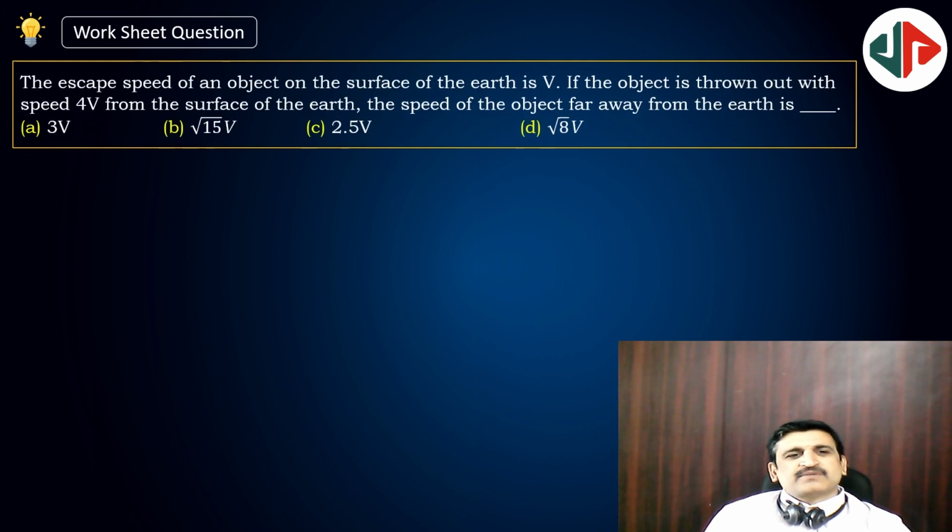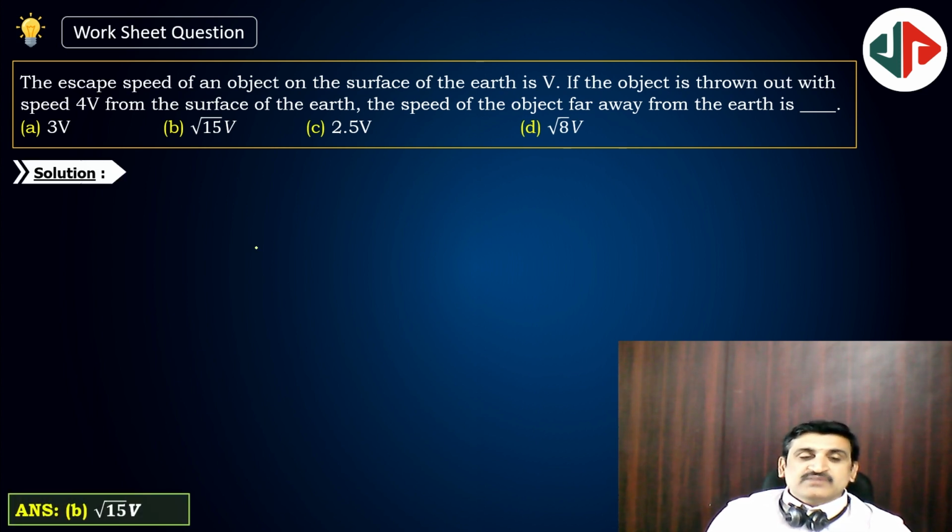The escape speed of an object on the surface of the earth is v. If the object is thrown out with the speed 4v from the surface, the speed at infinite distance is equal to. Similar types of questions came many times in previous years. Whenever a body is projected with k times the escape velocity, what will be its velocity at infinite distance?